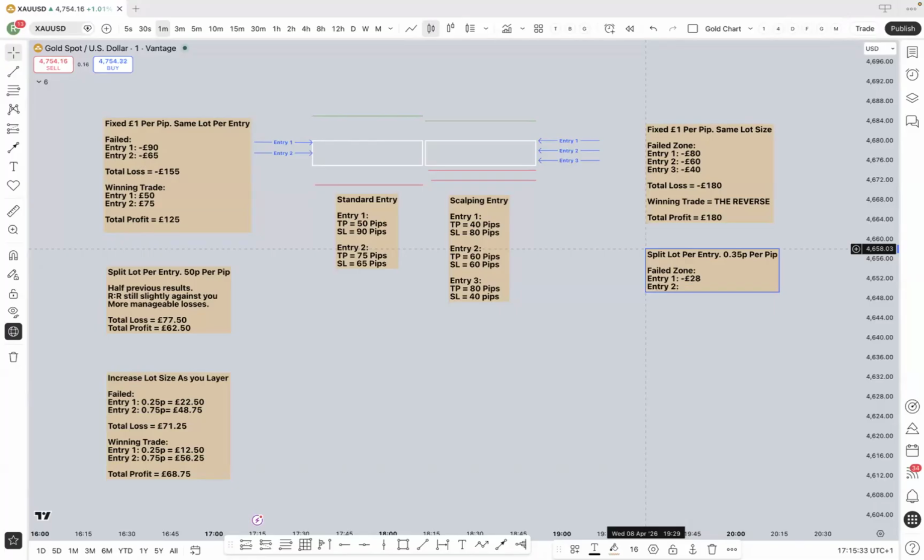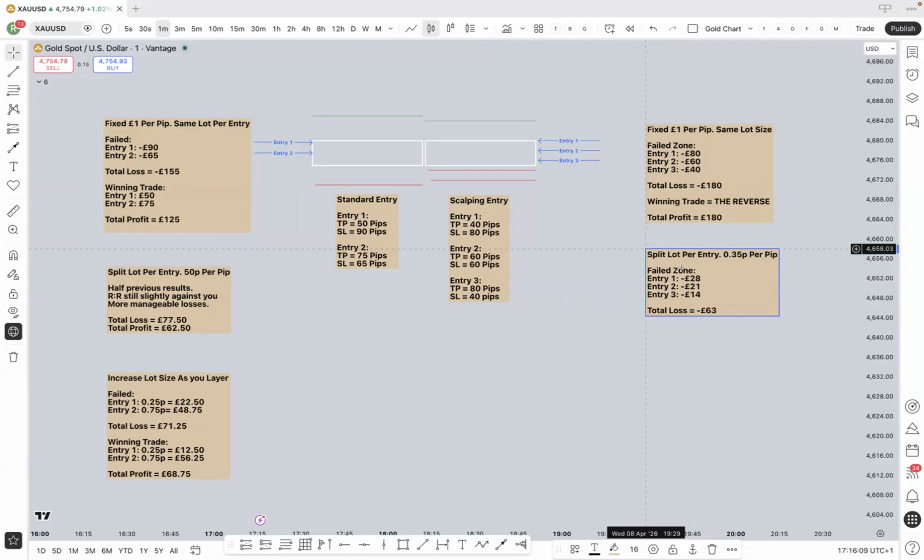Entry 2, which is 60 times 0.35, give you minus £21. And entry 3, which is 40 pips times 35p, give you minus £14. Total loss equals minus £63.